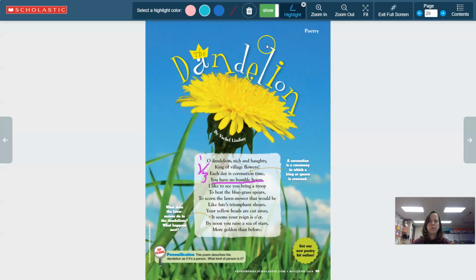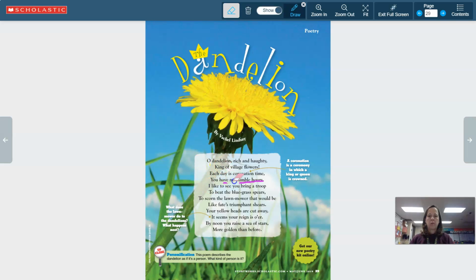Sometimes this might be a little easier to use or to help you get a better idea of the poem and to work with the poem. Since we're not working in person, we don't have a hard copy in front of us, this might be an option for you. All right, I am going to get rid of this, and then I'm going to go to my draw tool and get rid of some of the examples. So I'm going to use my eraser. Look at that. Well, it worked for me. Sometimes it works, sometimes it doesn't.